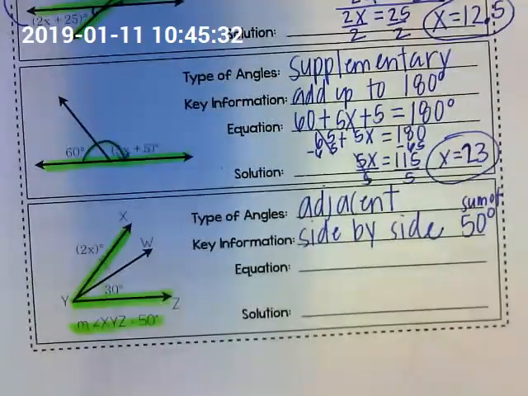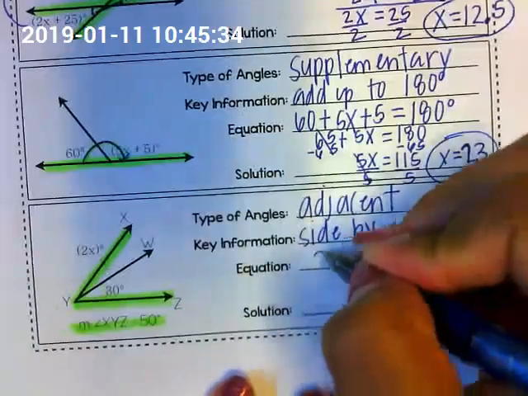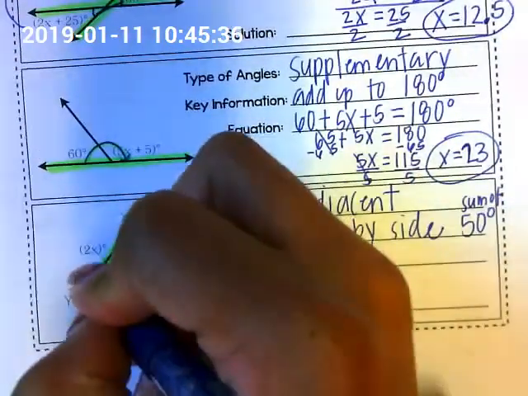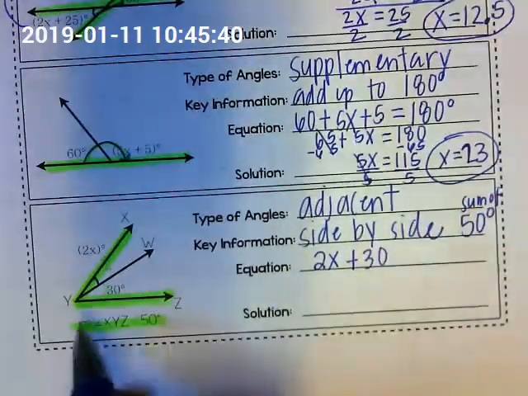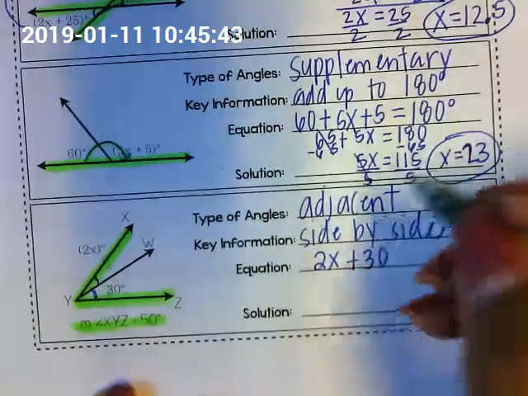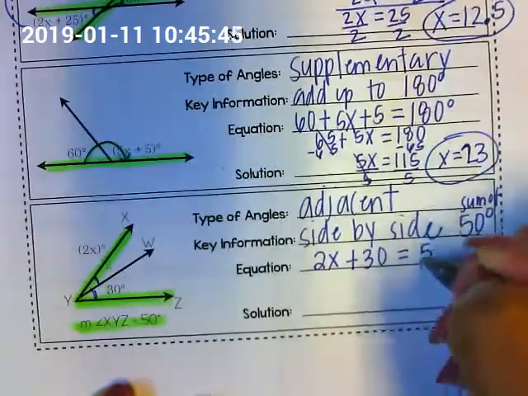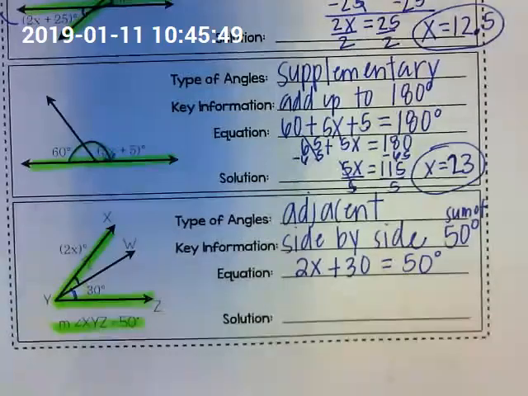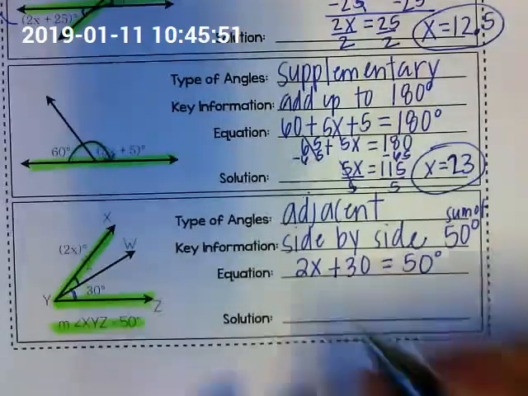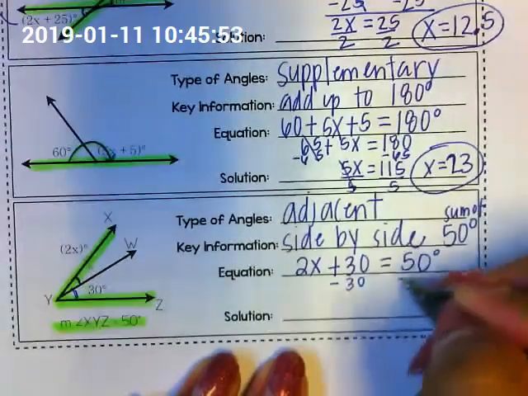So now for my equation, I have 2x, this angle here, plus 30, this angle here, is equal to 50 degrees. Now my first step to solve, I need to subtract 30 from both sides.